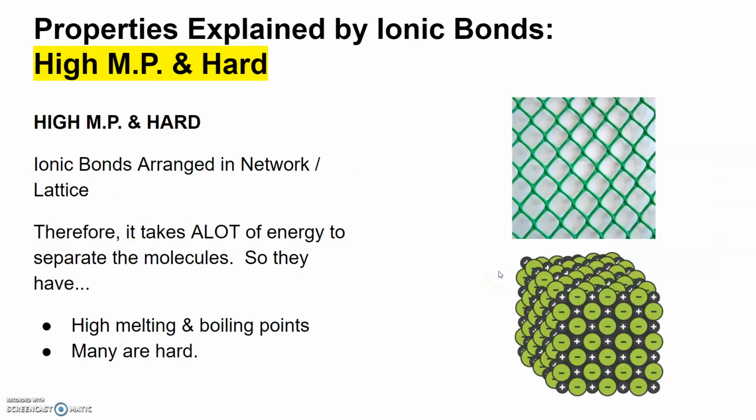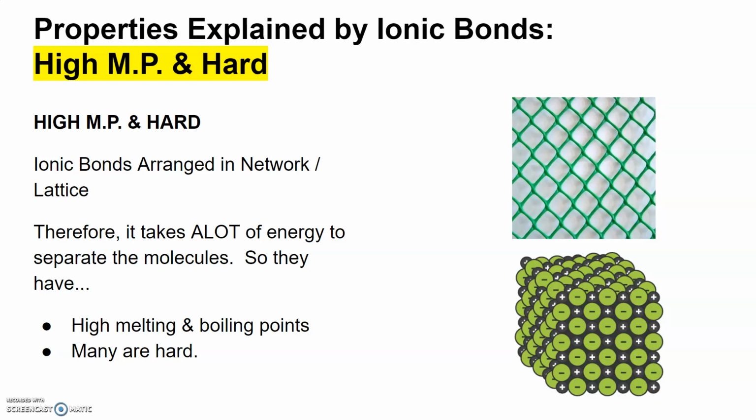Now, the last property we're going to talk about is high melting point and hardness. So ionic compounds, just like metallic bonds, are arranged in a network. And remember, networks strengthen those bonds because you're not just breaking apart one thing, you have to break apart a lot of things.